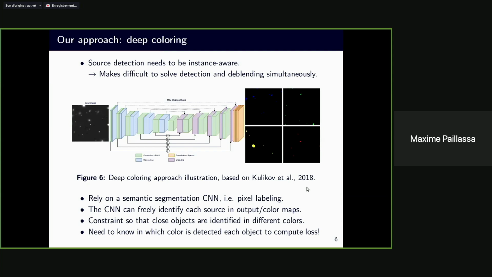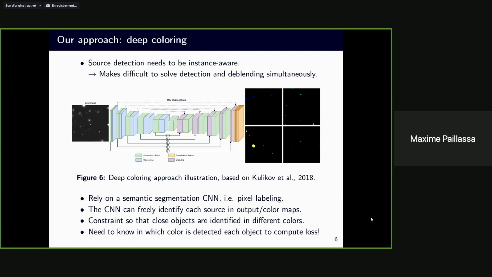And we have a constraint during training so that close objects are identified in different output maps, different colors, so that each object will be isolated in its output map, and we will recover all the objects in all the output maps easily in post-processing.